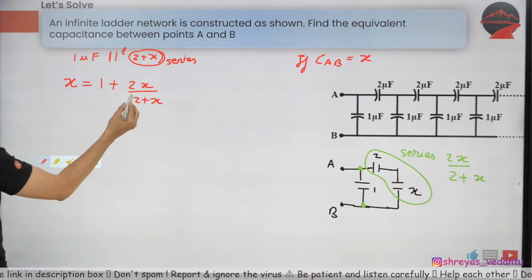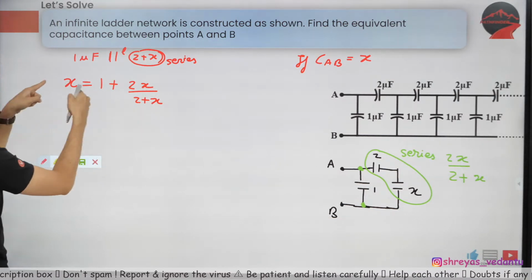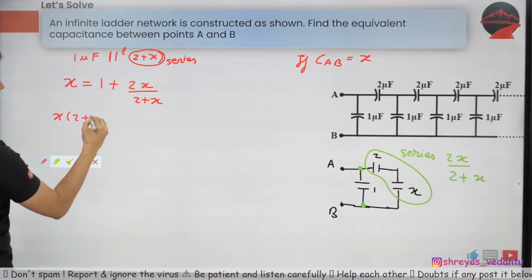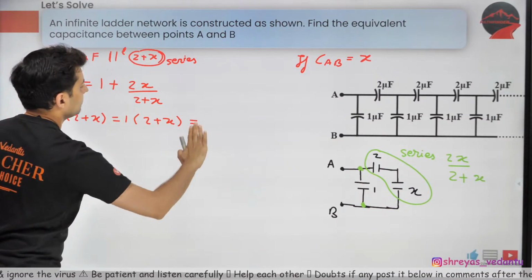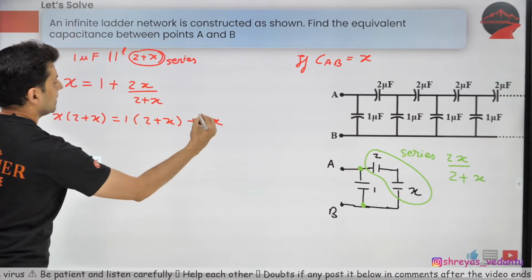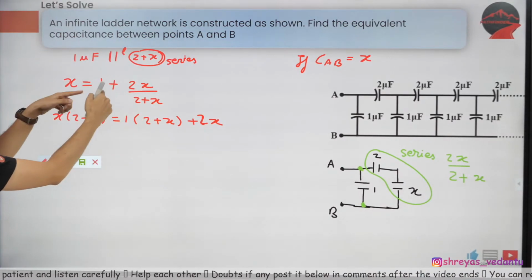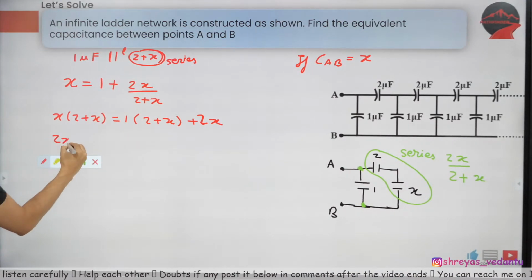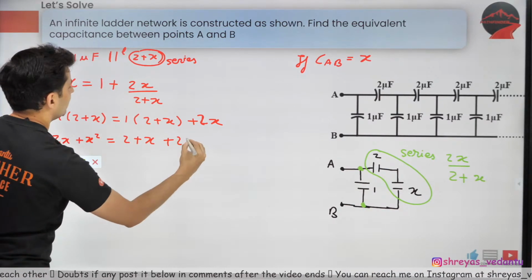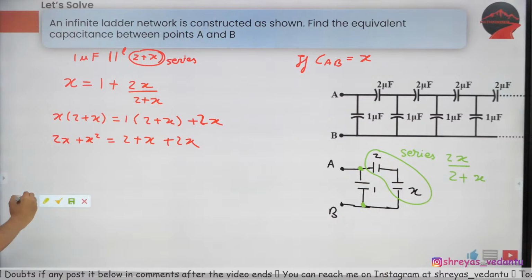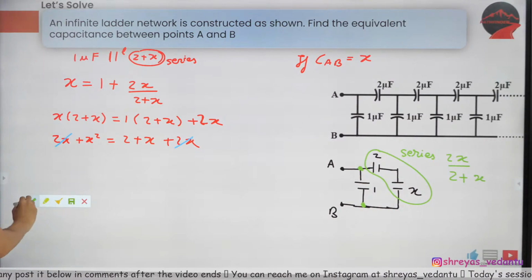Okay, just multiply this now. So it will become x into 2 plus x is equal to 1 into 2 plus x plus 2x. Okay, I've just multiplied by 2 plus x everywhere. So this will be 2x plus x square is equal to 2 plus x plus 2x. You can clearly see 2x and 2x cancel.